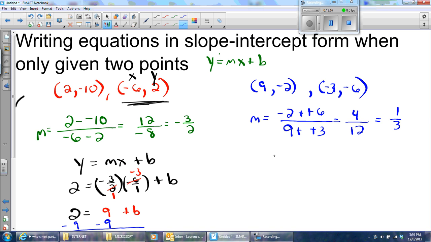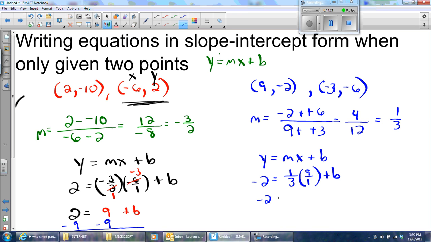All right, so I take y equals mx plus b. I fill in a y, an m, and an x, and then I can solve for b.